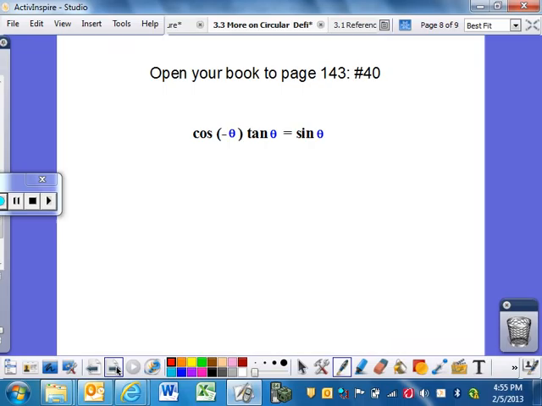I'm sure you guys are all cringing about seeing this, but there are also some proofs that you have in your book, but they're relatively simple and they all involve the whole negative angle thing. And what you need to make note of is this. Cosine negative theta. What is that equal to on your salmon sheet? Cosine of negative theta is just going to be positive, right? So it's just going to be cosine of a positive theta.